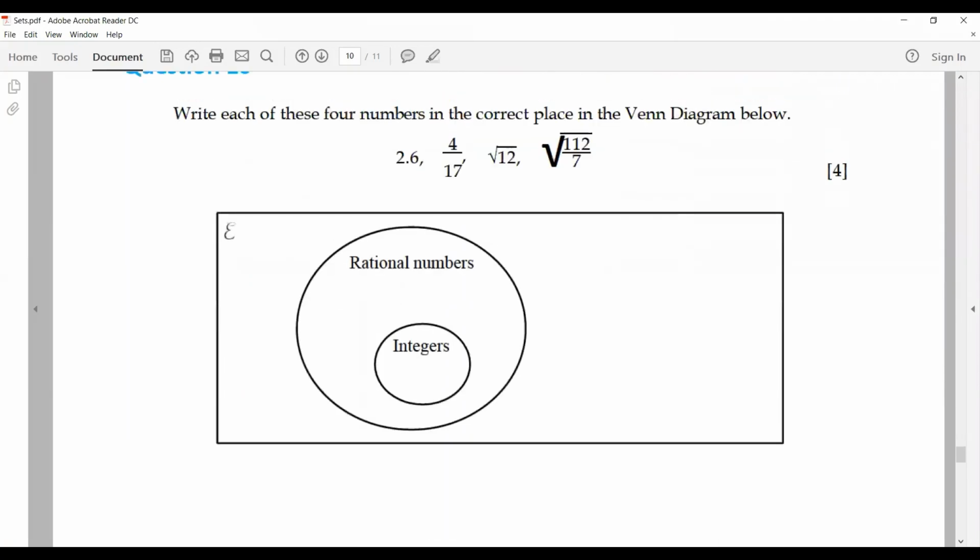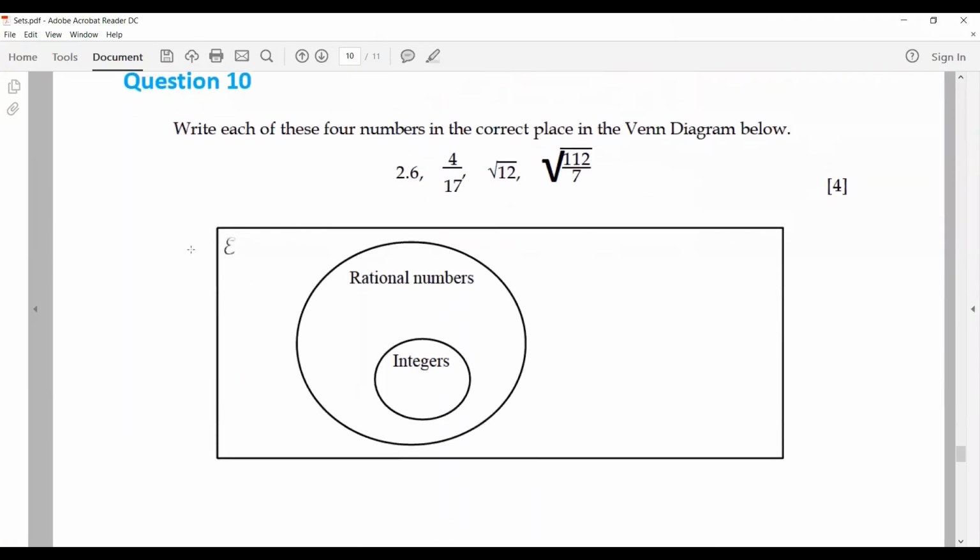The next question. Okay, this is interesting. They combine it with earlier chapters: the rational numbers, irrational numbers, integers. So what we have: this is a decimal. This is a fraction which can be rewritten as a decimal.